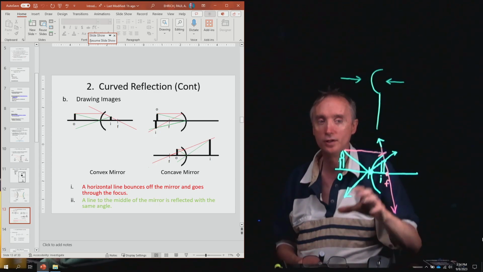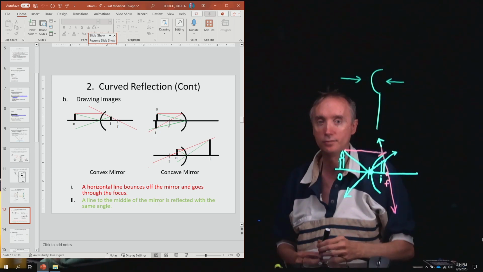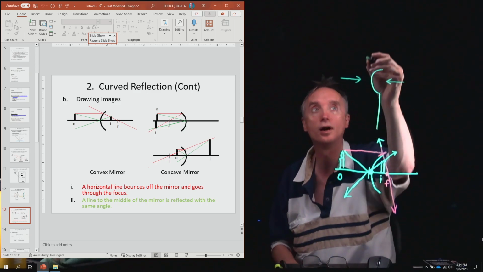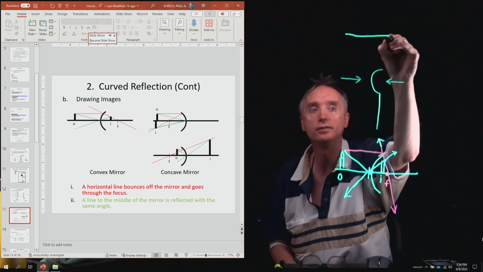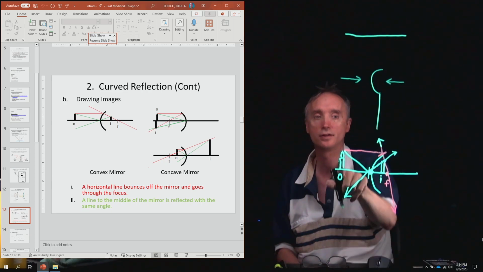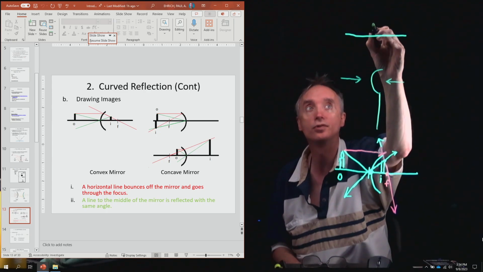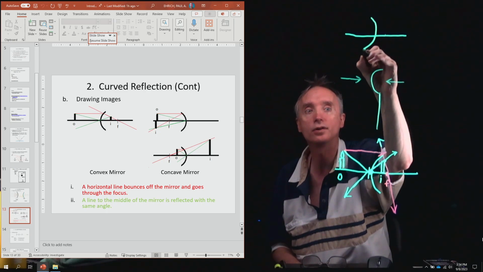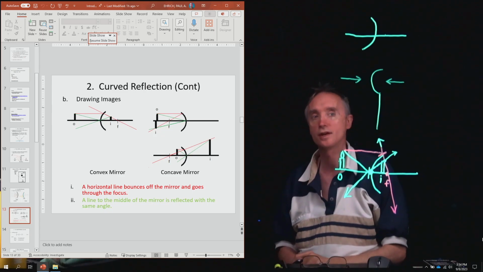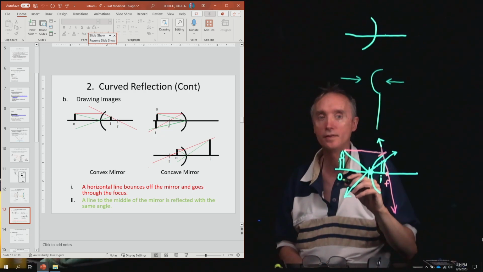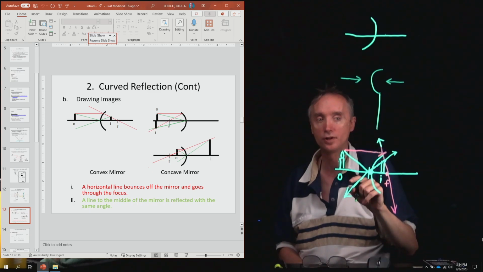So do you think that we could make a similar looking picture that goes with this? And yes, we can. So again, we're going to have a line that is going to be my center line here. This time I'm going to orient my curve like that. So that's going to be the concave mirror. And then where is the focus?